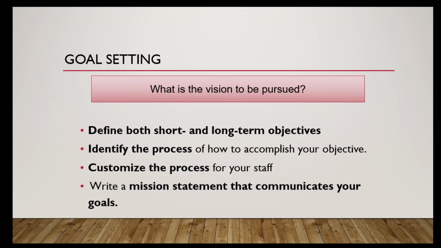Next, we need to write a mission statement that communicates our goals. A goal describes the general ends toward which the organization will direct its efforts for the next 3 to 5 years.